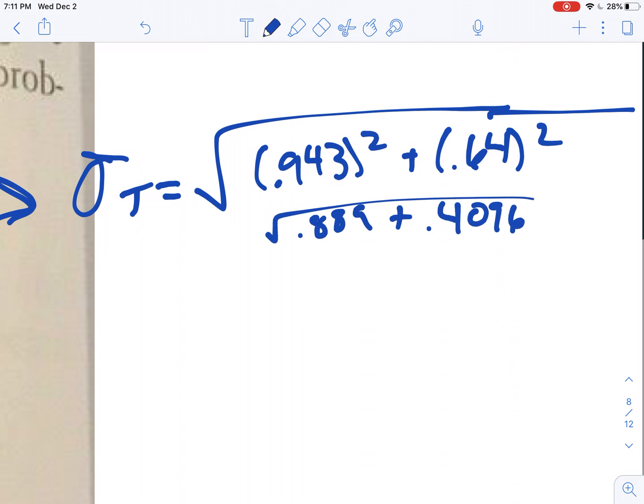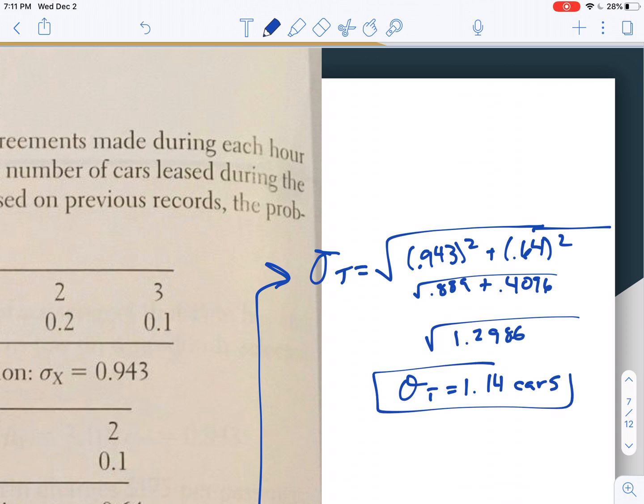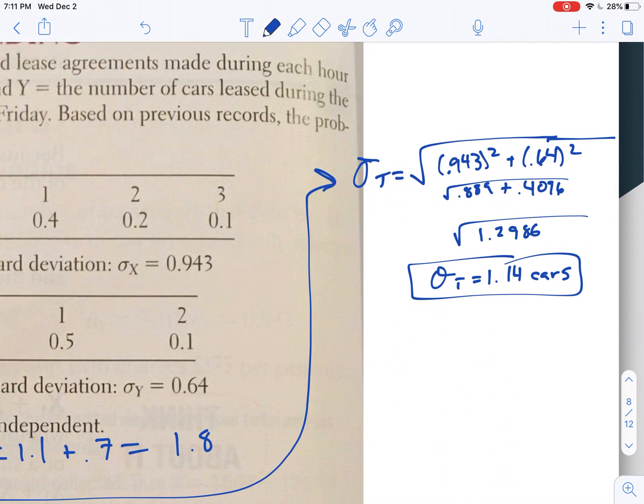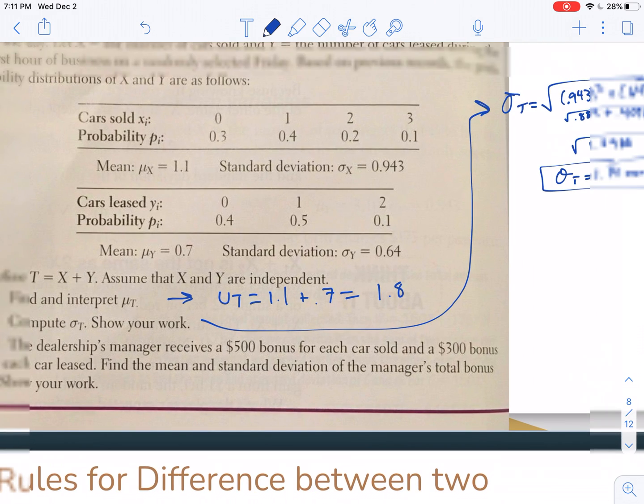I still want the square root of this, so I'm looking for the square root of 1.2986. And so my standard deviation of T here is 1.14 cars. So in any given Friday morning, you have a mean of 1.8 cars that are sold or leased, and then the typical difference from the mean is around 1.14 cars sold or leased.